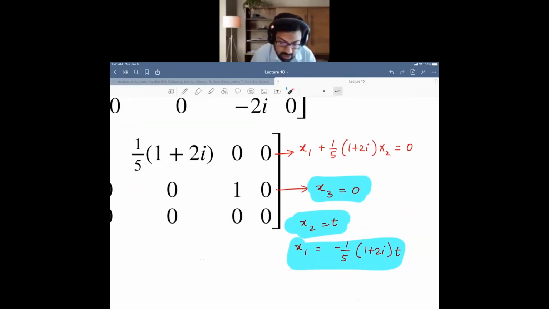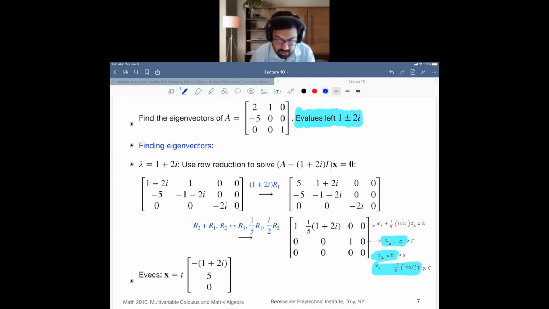You can multiply all of these by 5 without any problem, because t is some scalar. So you can write it without that 1 over 5 factor in the eigenvector, which is optional, of course. For the first element, you get negative 1, negative 2i. For the second element, you've got a 5 times t, and for the last element, you've got a 0. So those are your eigenvectors.